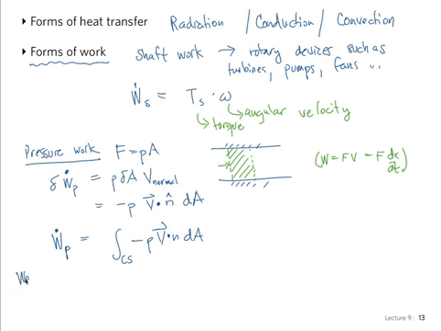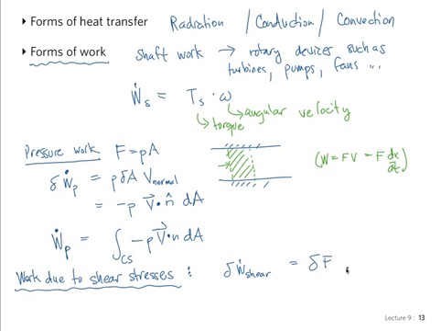And the final form of work that we may have is the work due to shear stresses in a fluid, although many times we will neglect it in the inviscid approximation. But if we had tangential forces, we could have a small unit of work due to shear, and this would be some sort of tangential force times velocity.